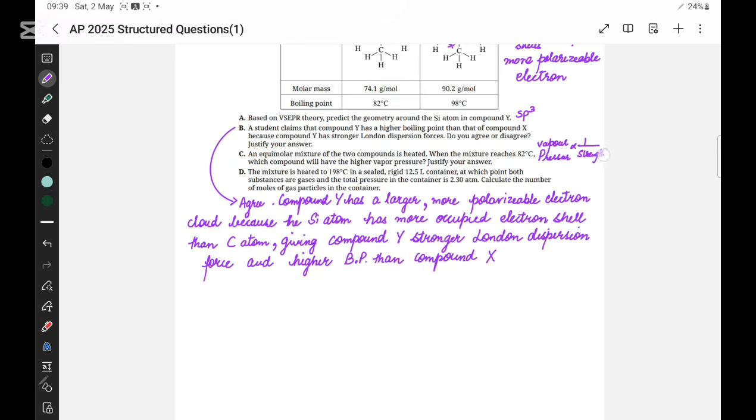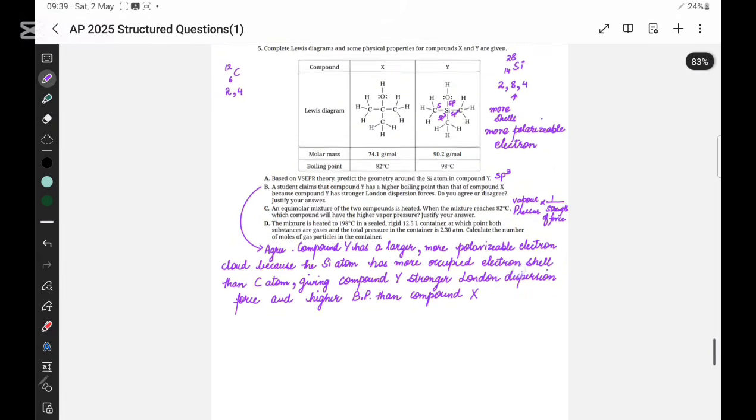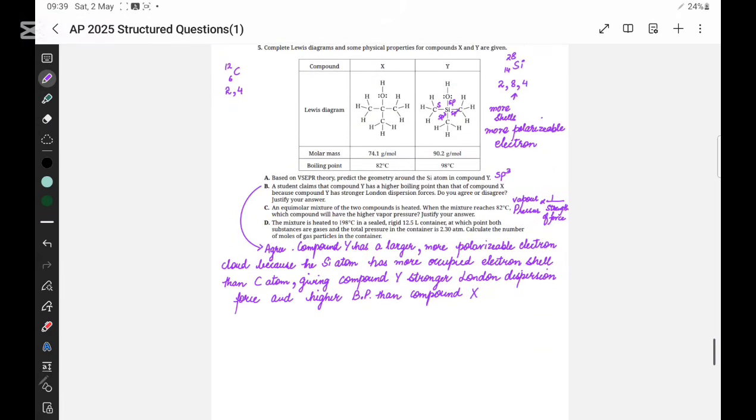If you have a weaker force of attraction, you are going to have more vapor pressure. So if we see both of them, compound X, which contains carbon, has weaker intermolecular force of attraction, so it is going to have a higher vapor pressure as compared to compound Y.